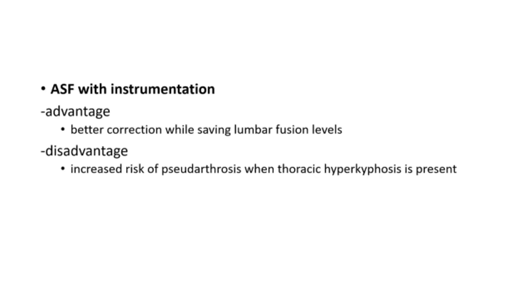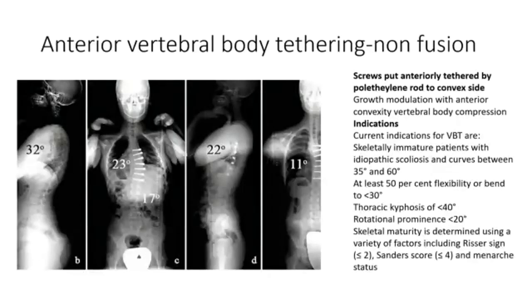We have anterior spinal fusion and instrumentation. It gives better correction, saving more segments from fusion, but increases the risk of pseudoarthrosis and increased thoracic hyperkyphosis possibility. And there is a technique that's gaining popularity now, which is tethering the convex side, putting the screws like this.